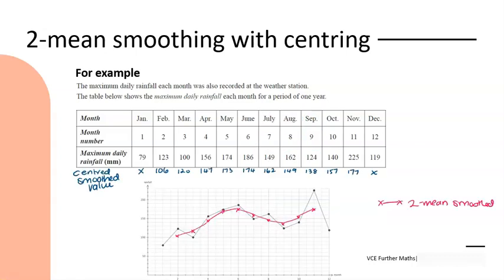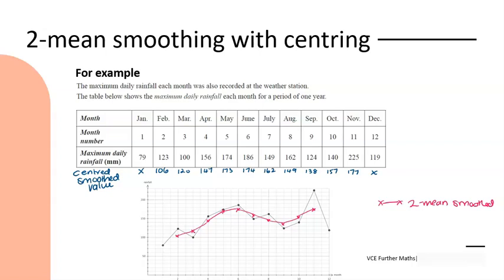And so what impact does that have? For the sake of being able to draw a graph, I've just rounded those smooth centered values off to the nearest whole number. Note that whenever you are plotting the centered data or using it at all, you always use that centered data, so the final row in the table from the previous slide.